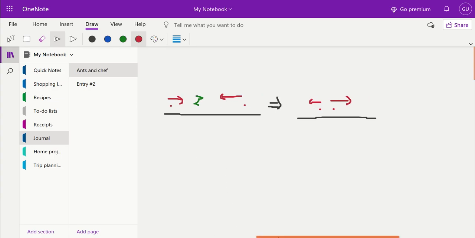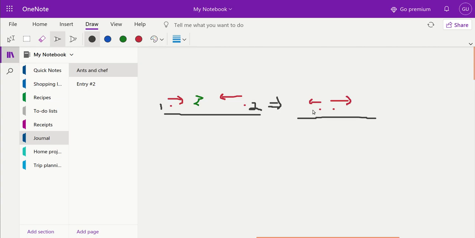But if we change our point of view, if I observe that these two ants are actually identical, there is no difference in these ants. If I say this is ant 1 and this is ant 2, and then after reversing, this has to be ant 1 and this has to be ant 2. But actually the ants are similar, so it does not matter.